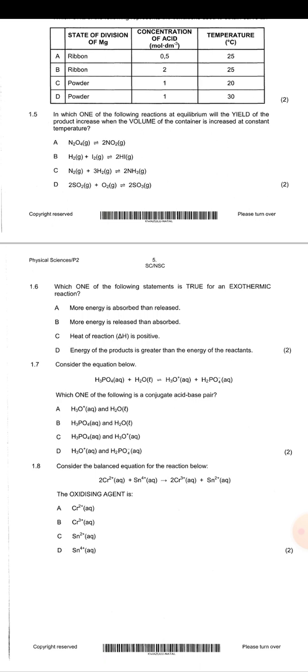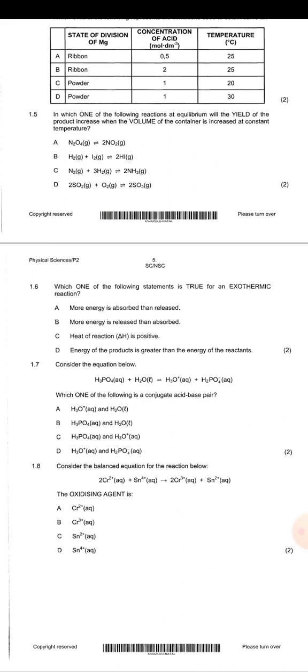So the correct answer is gonna be A. H3O plus is the acid, by the way. Yes, it is a conjugate acid, since H2O was a base and we form a conjugate acid. So the answer is indeed A.